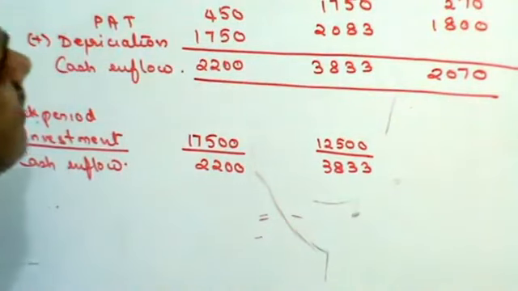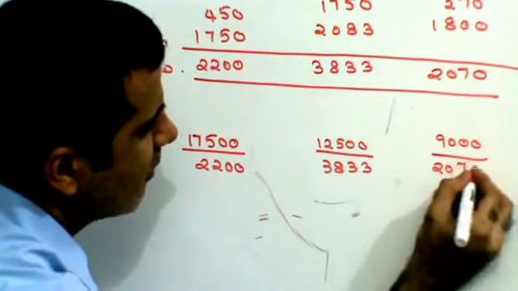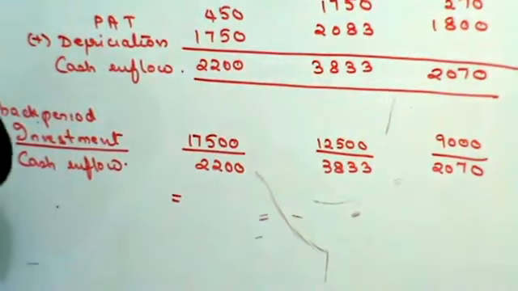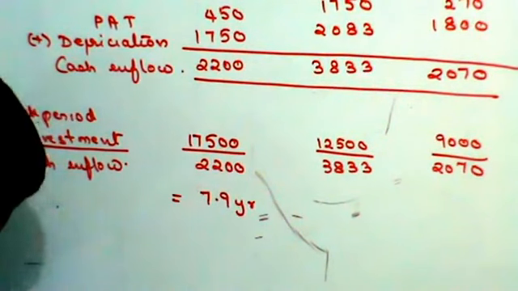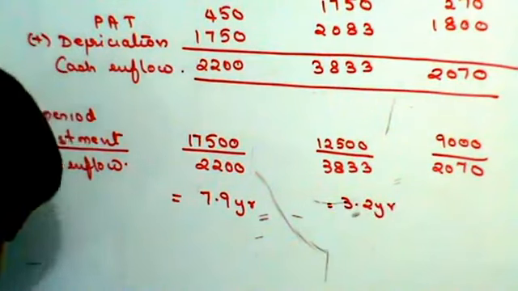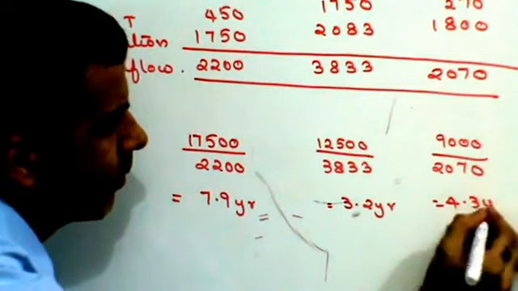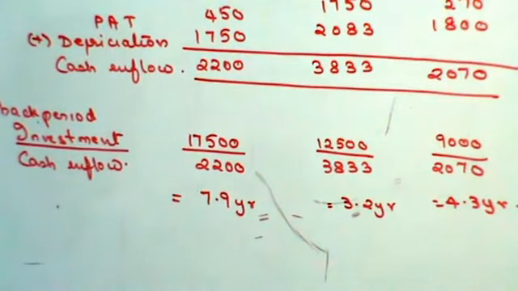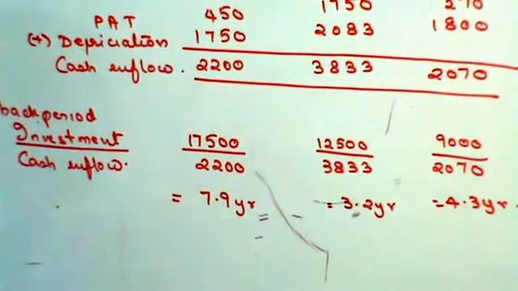In the third case, it is 9,000 divided by 2070. So in the first case, my payback period will be 7.9 years. In the second case, it will be 3.2 years. And in the third case, it will be 4.3 years. Since the payback period is least for machinery B, therefore machinery B has to be selected.